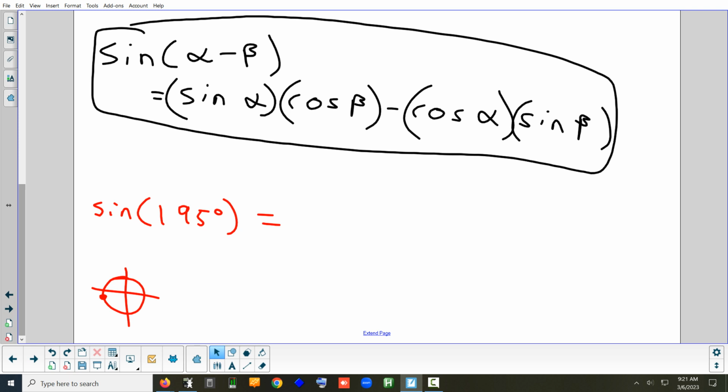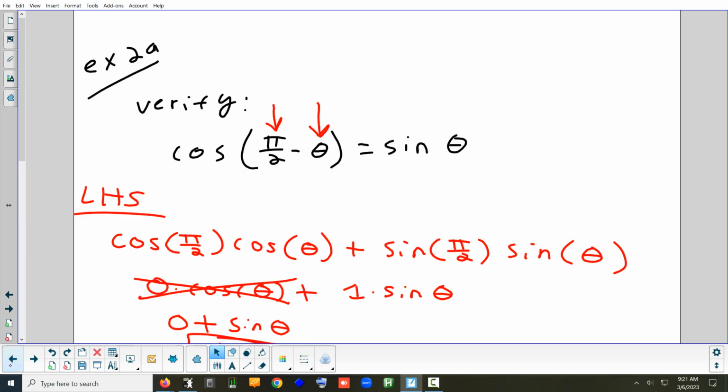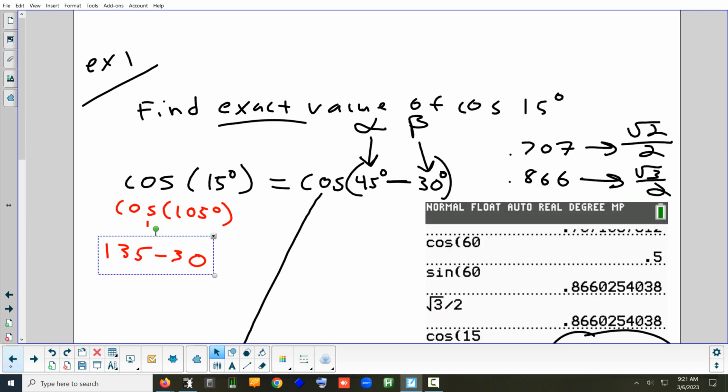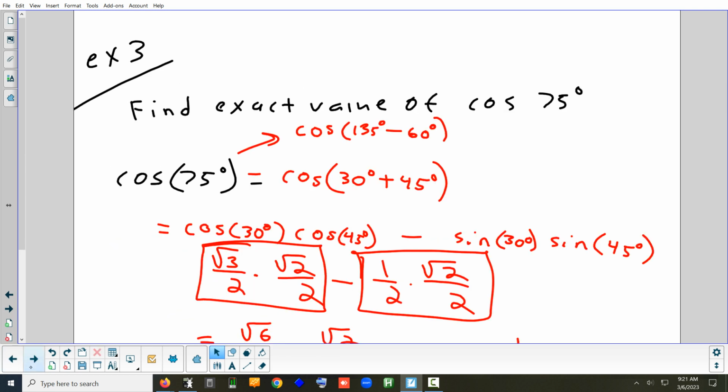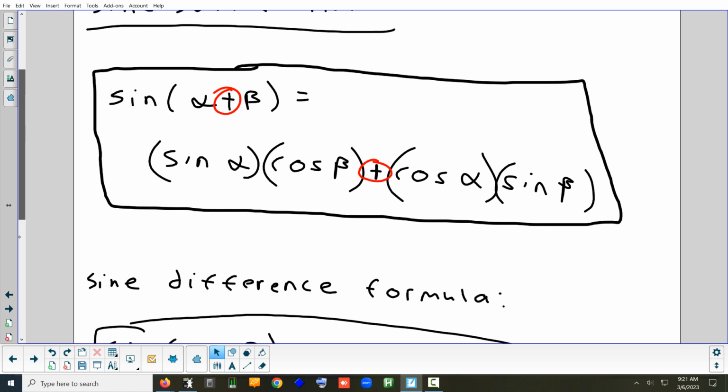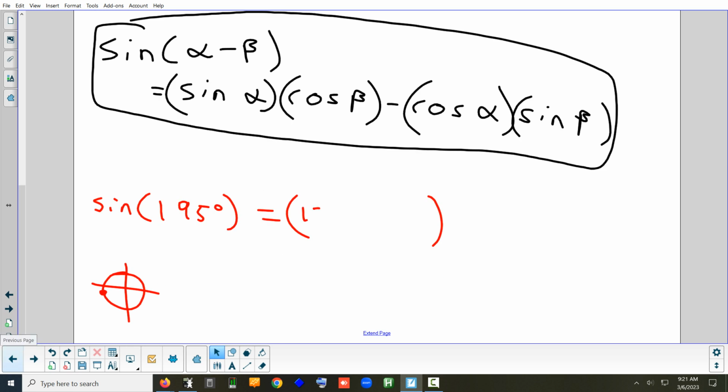So you pick how you want to do it, either a sum or a difference. But the two things you add together have to be multiples of 30 and 45. Otherwise, you're not going to get decimals that you recognize. Yep, 135 plus 60. That's what I was kind of thinking of. 135 plus 60.